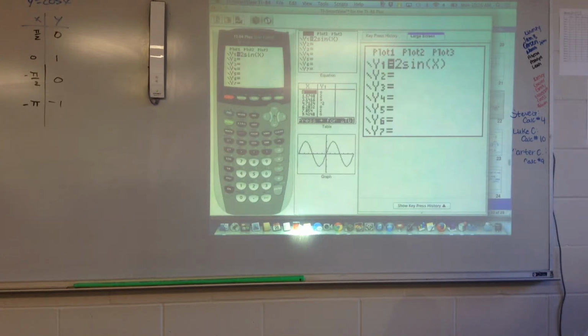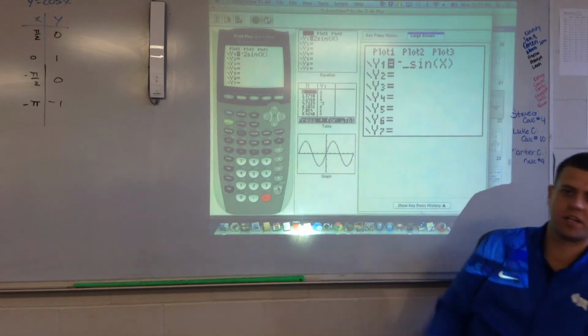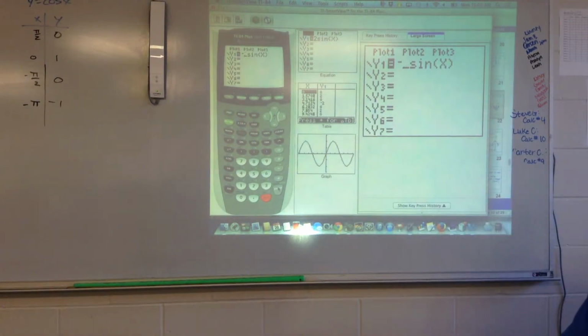What if I make it a negative 2? So here's the 2. It goes up to 2 and down to negative 2. What do you think that's going to change? It'll flip it. Reflect it over the x-axis.